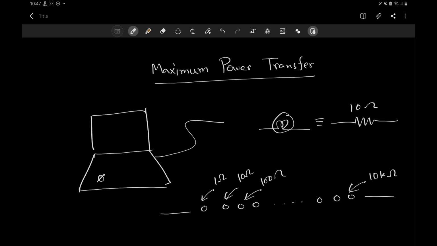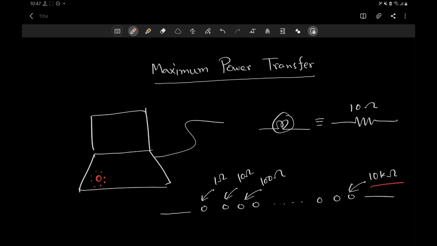Just by luck, you want to choose one, so you try out every one of them. Maybe you want the brightest light, so maybe you use the 10 kilo ohm one. When you use it, the light turns on, but it's very, very dim.